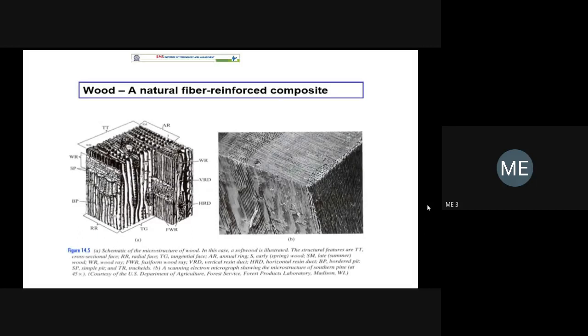Hence, it is referred to as ceramic matrix composite. The reinforcement material is the metal, but it is not a metal matrix composite. Even though RCC has the steel reinforcement, its percentage is very small compared to the concrete. Hence, it belongs to the ceramic matrix composite.